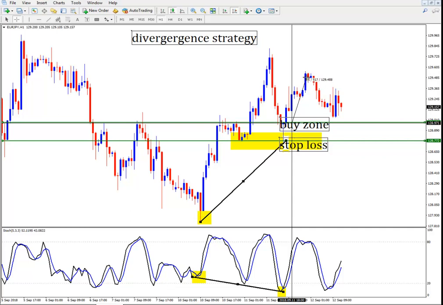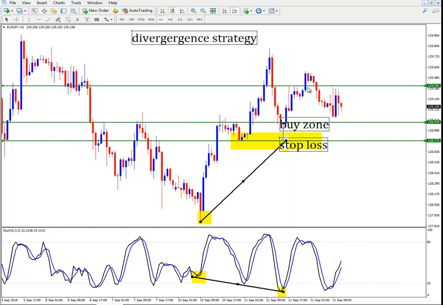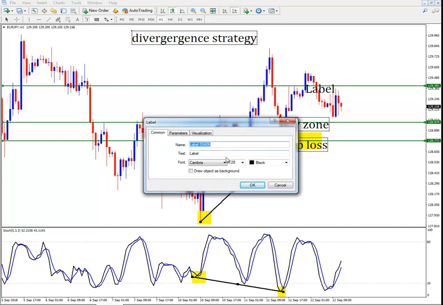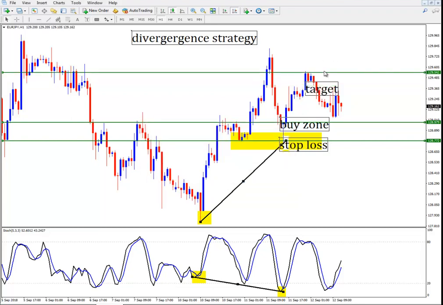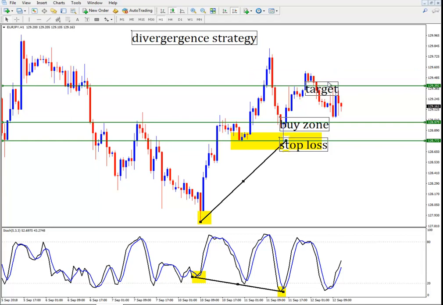Yes, this will be our target zone. We can easily say that our target was hit.